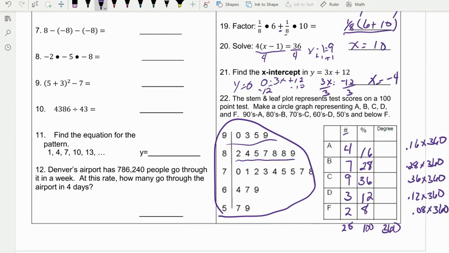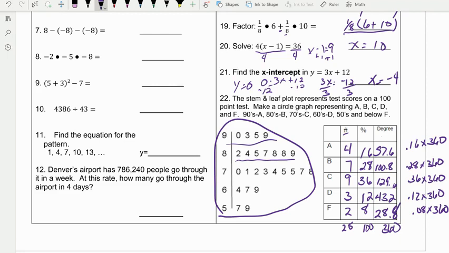And these come out to be, if we do our math correctly, and I have some decimals in here. I didn't round. 57.6, 100.8, 129.6, 43.2, and 28.8. Okay?